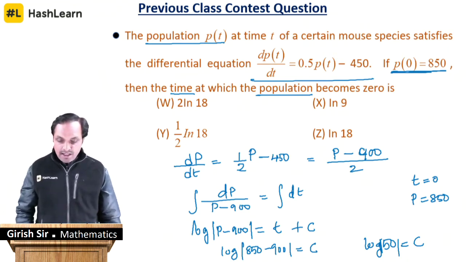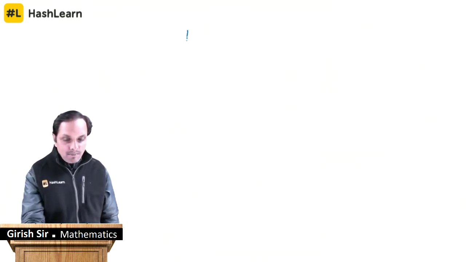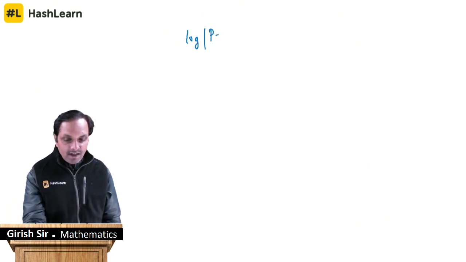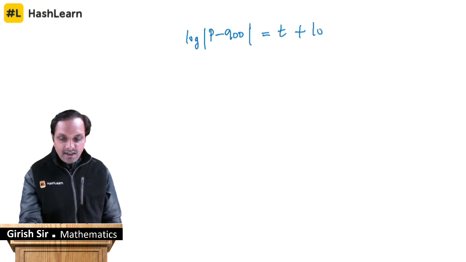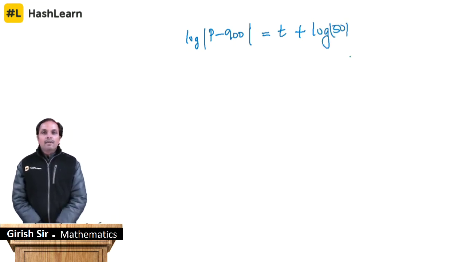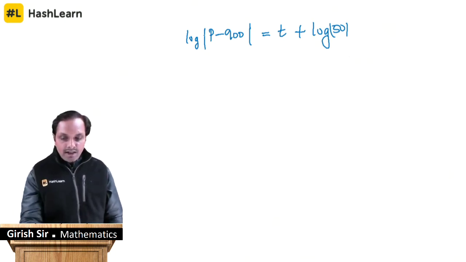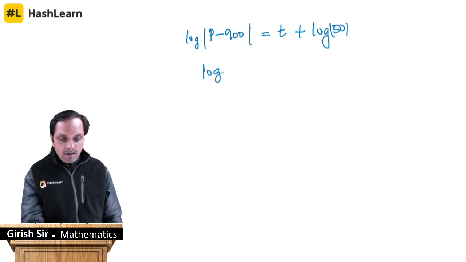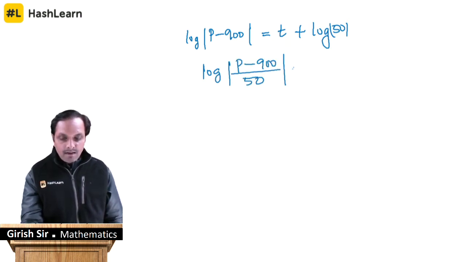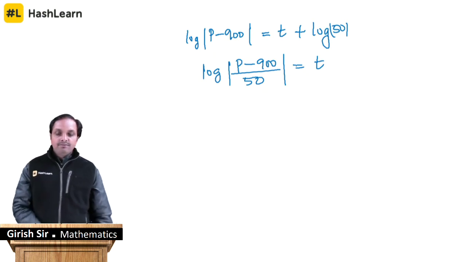Let me go to the next slide. Our population equation is log of p minus 900 is equal to t plus c, where c is nothing but log 50. Shifting this here, log of p minus 900 divided by 50 is equal to time.